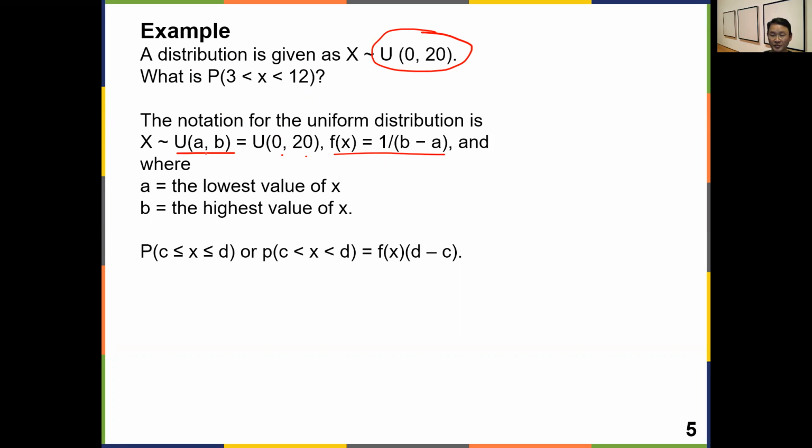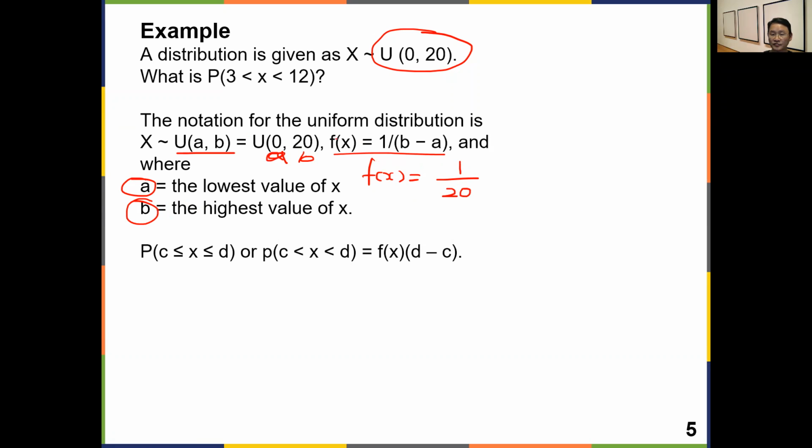So if we replace this a and b value, then f(x) is going to be 1 over b being 20 minus a being 0, so it's just going to be 1 over 20, a being the lowest value and b being the highest value.